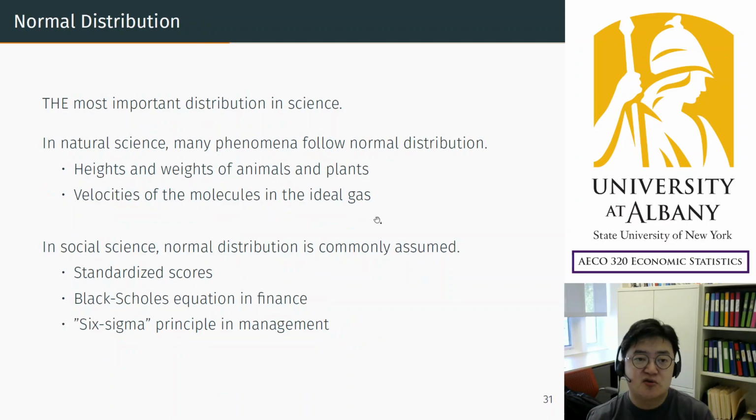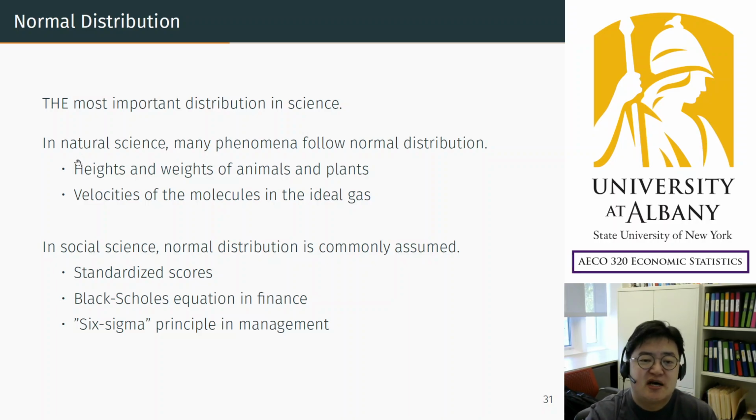Okay, let me introduce the normal distribution here. As I said, the normal distribution is the most important distribution in any science, in social sciences, natural sciences, engineering, statistics, whatever. I think 99% of scholars would agree with that, right?